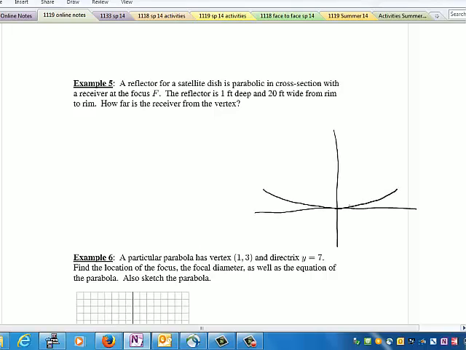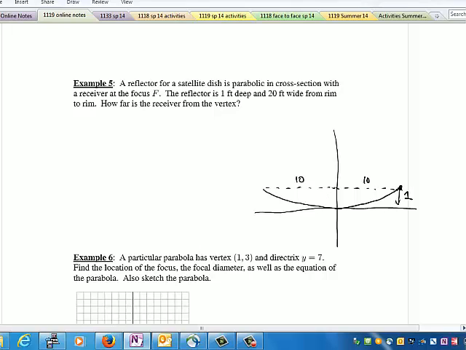It says it's 1 foot deep and 20 feet wide. So that would mean if we set up the origin at the base of the cross-section, we would go 10 feet each direction horizontally and 1 foot up to get to the rim.